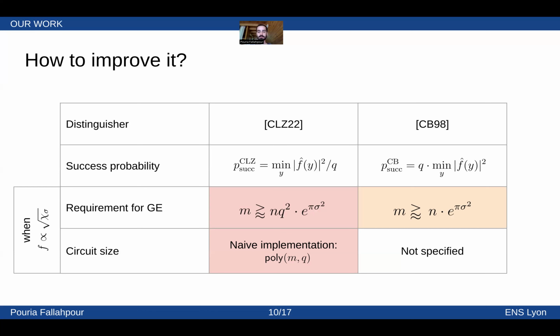So it helps us decrease the lower bound multiplicatively by Q squared. They also didn't specify the runtime of their distinguisher, but we could implement it in runtime that is polynomial in the logarithm of Q.